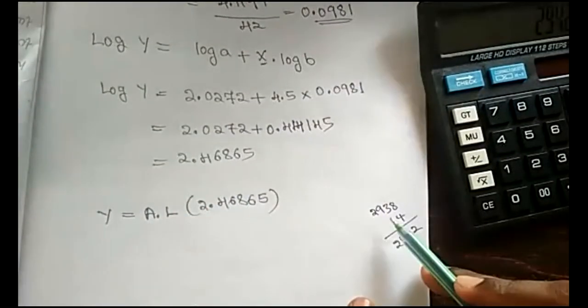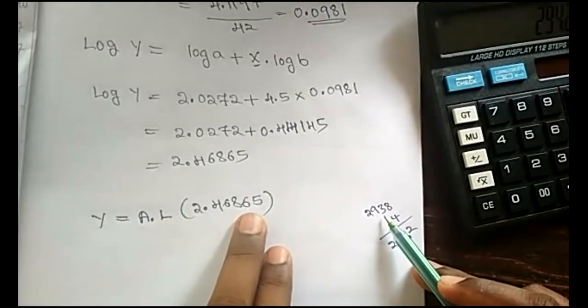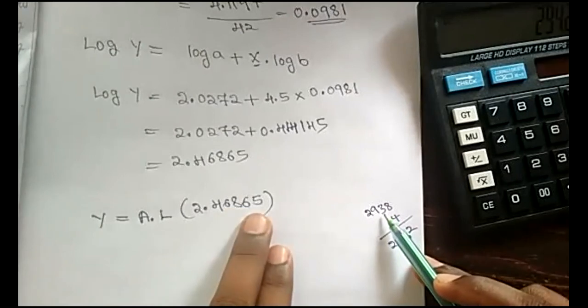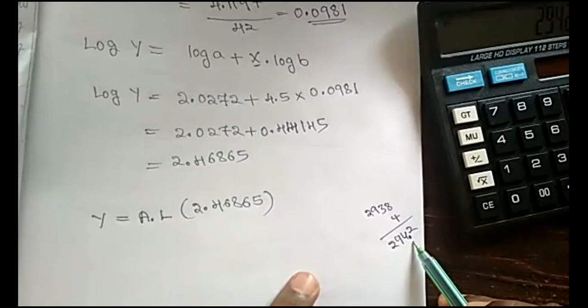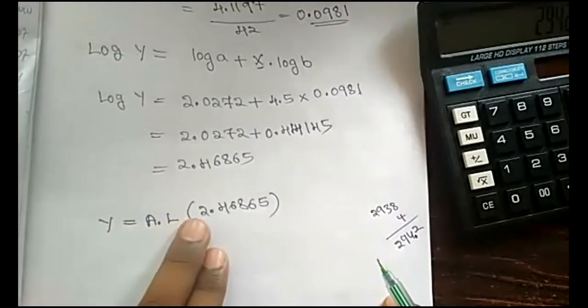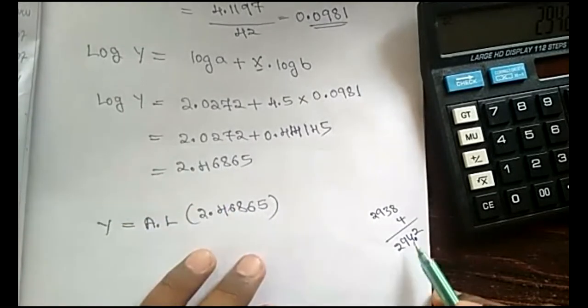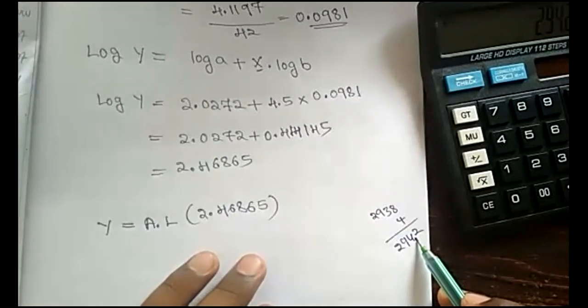So n plus 1, 2 plus 1 is 3. So after 3 digits, you have to put the decimal.